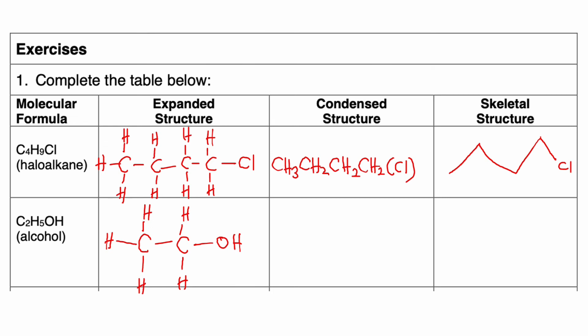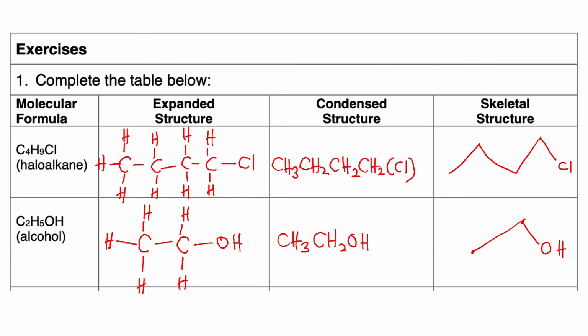Okay, the condensed structure will be CH3, CH2OH. And how about the skeletal structure? This has 2 carbon, right? So, for 2 carbon it's just like this. One line. 1, 2. But there's OH. So, OH. Like this. Okay, that is the skeletal. The first example for haloalkane and alcohol.